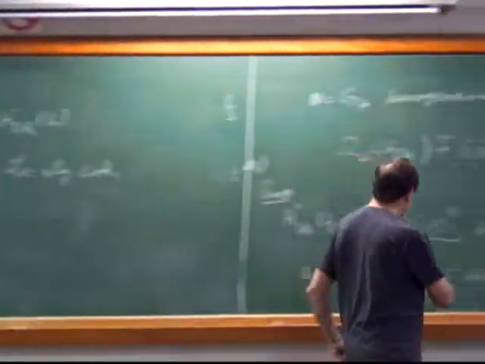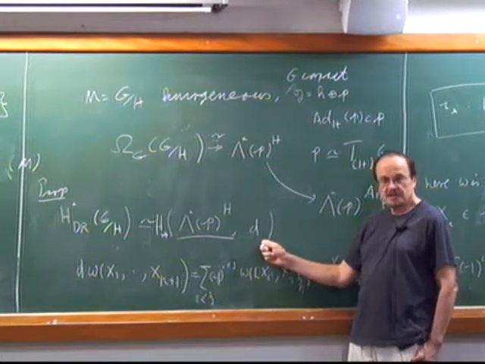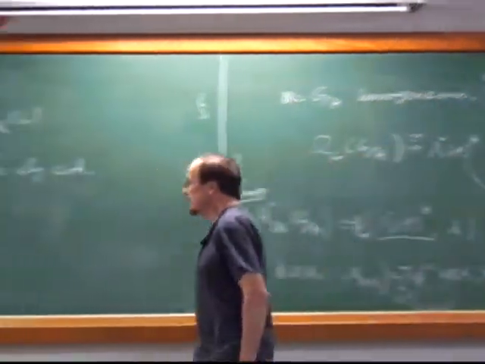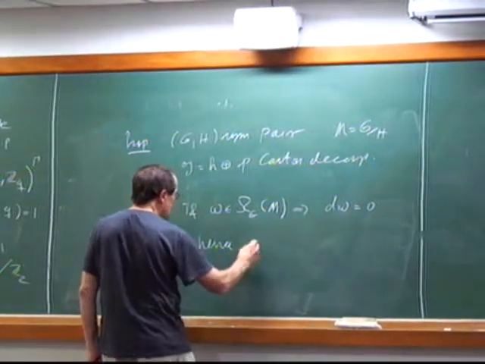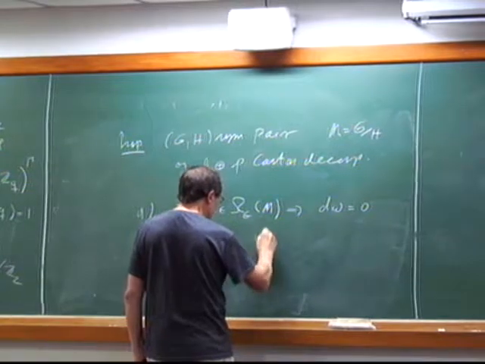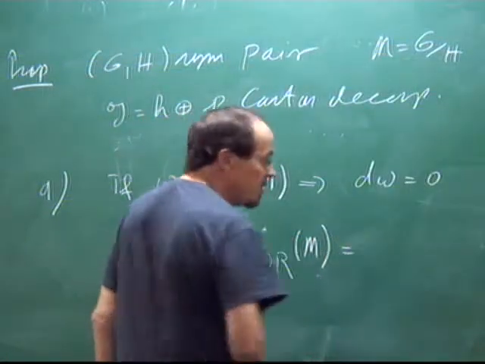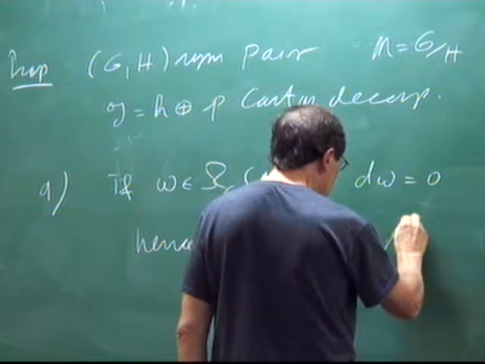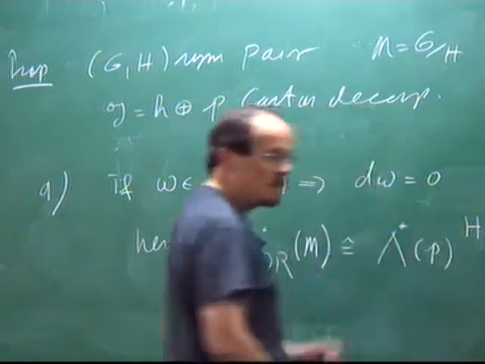So that means this complex here becomes particularly simple. There is no differential. The kernel is everything. So hence I can say, well, the cohomology of a symmetric space is simply isomorphic to this vector space, invariant under the isotropy representation, of course.